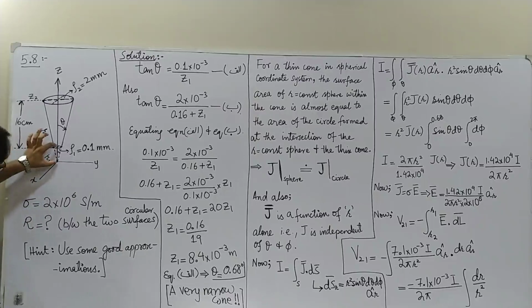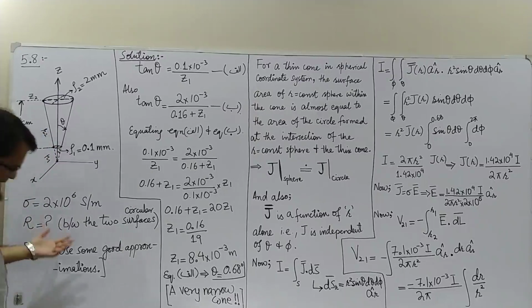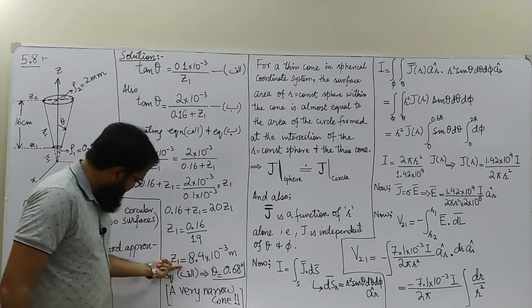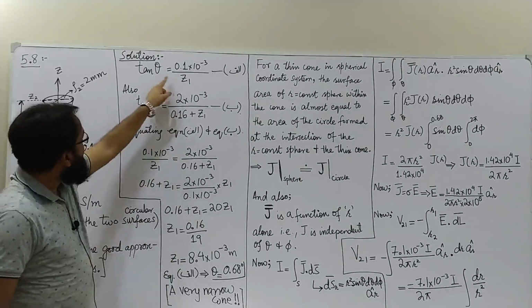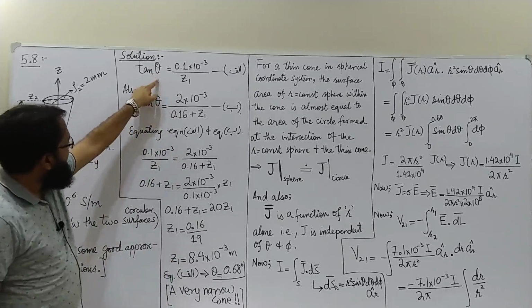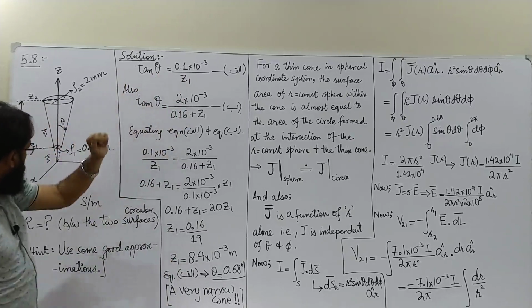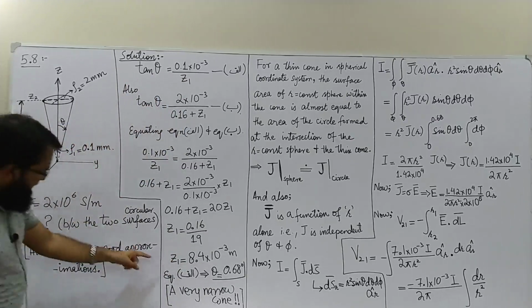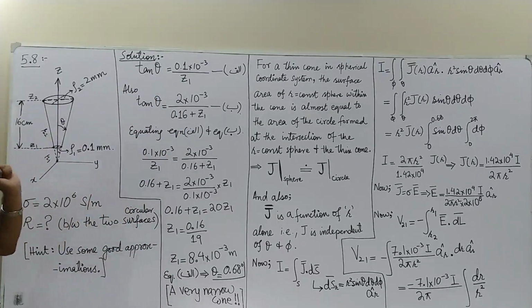It means that this cone is starting from z1 equal to 8.4 millimeters. Does it help us? Yes, it helps us in finding theta, either using equation Aleph or equation B. This would give us the idea how wide the cone is, or how narrow it is.